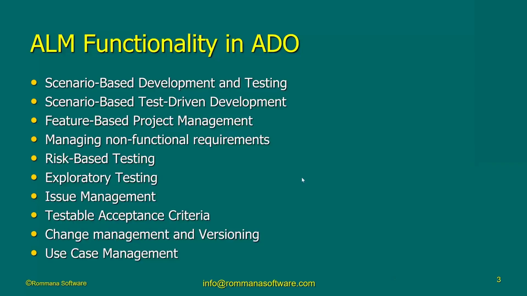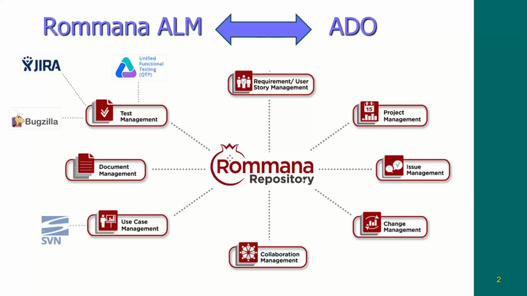So let me start by showing you this picture here. What you see in front of you is all the components of Rommana ALM, which are available once you purchase a license of Rommana ALM. In fact, you can purchase a license for just one component.